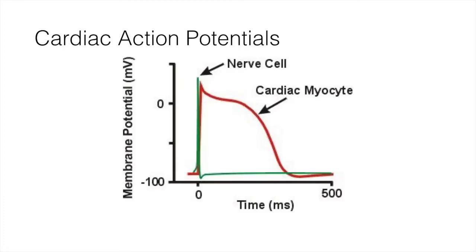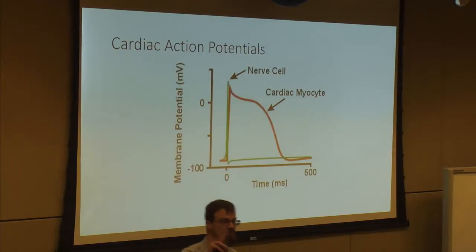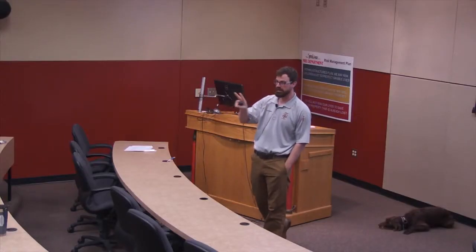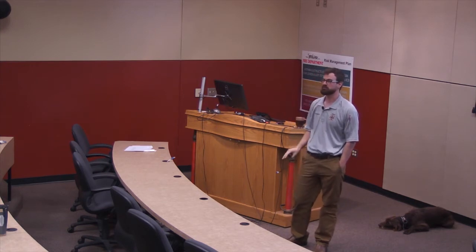So here's the cardiac action potential, and I've got it right next to a nerve cell on this diagram. The nerve cell is in green. The cardiac myocyte is in red. These are the two systems where we are absolutely dependent upon excellent cellular signaling, okay?